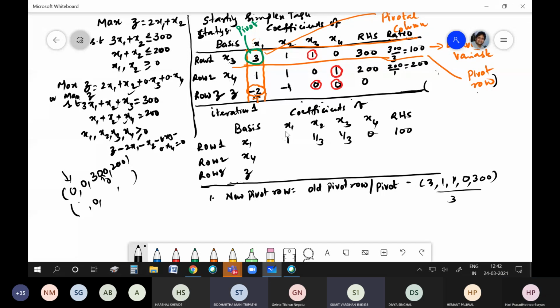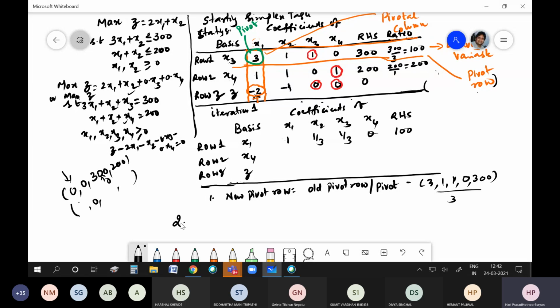So I should get 0 here in the second row and also in the Z row. So first you have to fix the pivot row by dividing the old pivot row by pivot.